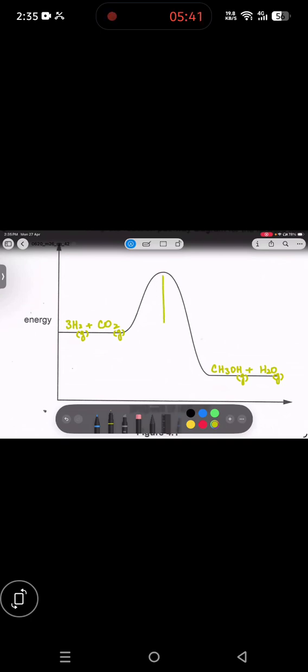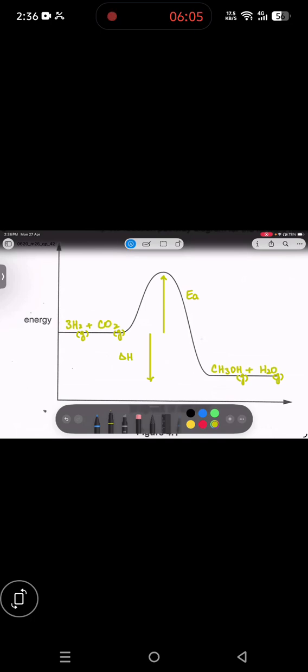Then the activation energy always goes up, which is represented by EA, energy of activation, and the arrow for this one goes down. Why? Because the type of reaction is exothermic.